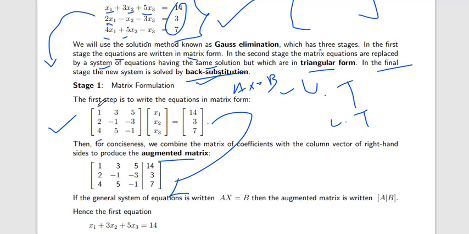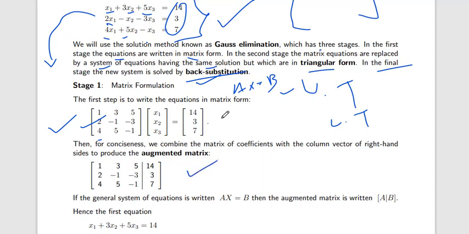Simple. We will convert this matrix into an augmented matrix. The right hand side is 14, 3 and 7, separated by a dividing line. This is called an augmented matrix. Why do we transfer this into an augmented matrix?